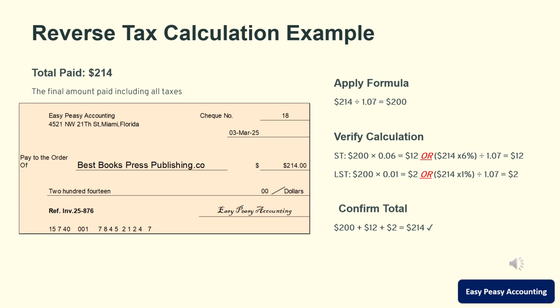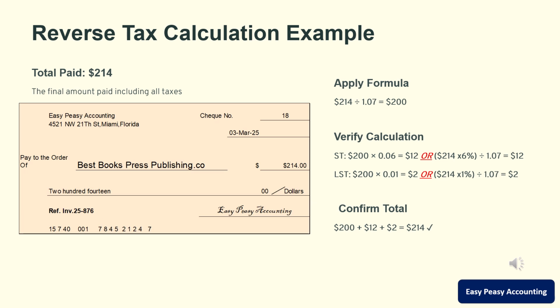Local tax, 1%, equals $200 multiplied by 1% equals $2. We also can use this formula. Total price multiplied by 1% divided by 1.07. $214 multiplied by 1% divided by 1.07 equals $2.